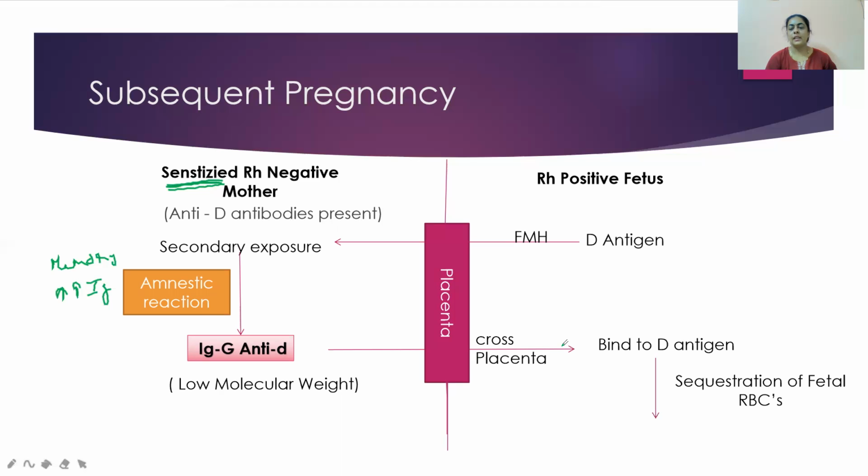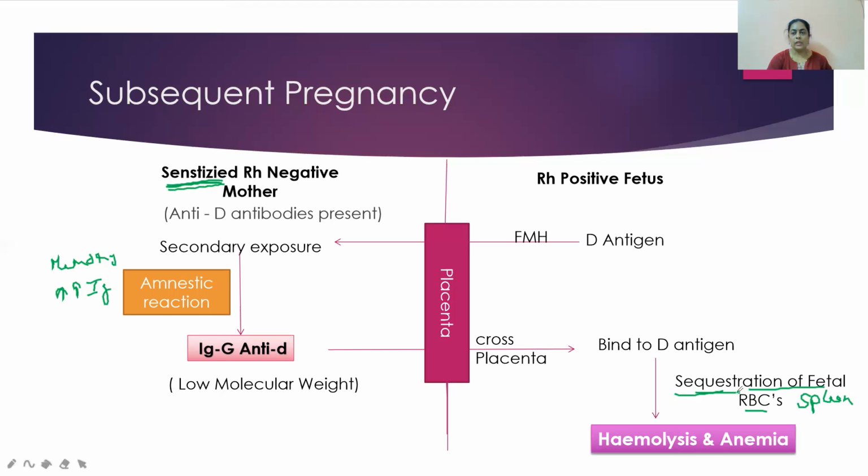So there is sequestration of these fetal RBCs. The antigen-antibody reaction occurs and these are taken up by the spleen, that is the reticuloendothelial system, and there is sequestration of fetal RBCs leading to hemolysis, thereby leading to anemia.